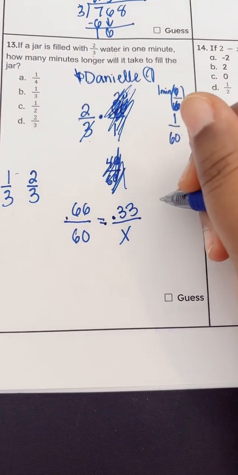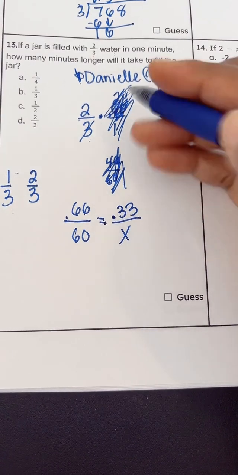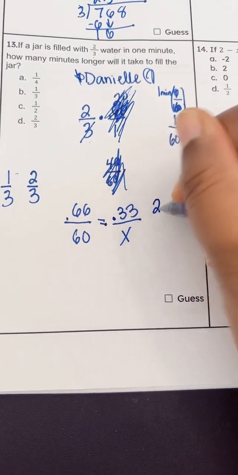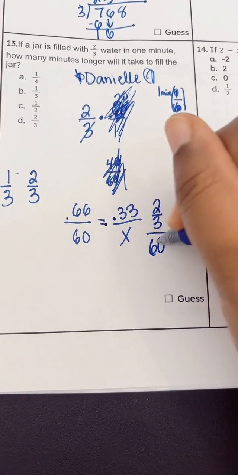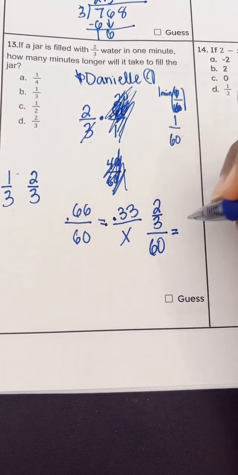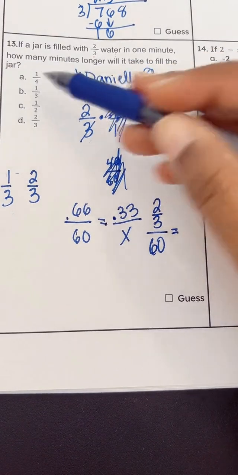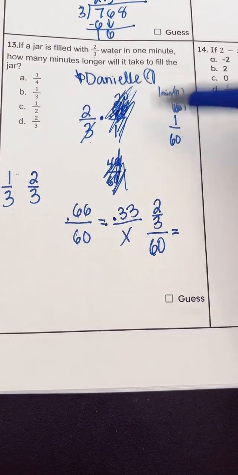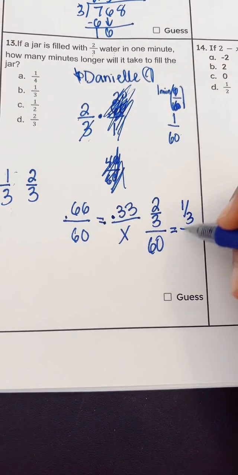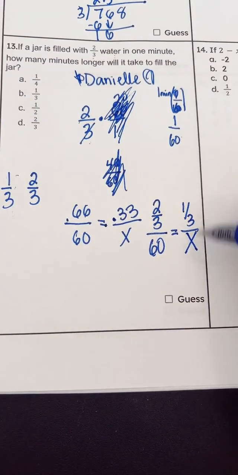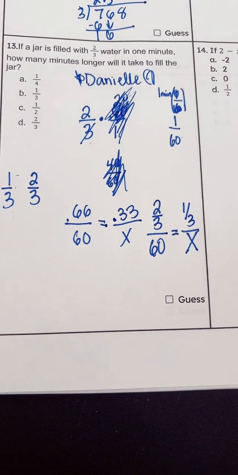Okay, Jen is saying, I'm going to leave it in fractions, you guys. We got 2/3 in 1 minute, so let's put 60 seconds here. In order for the jar to be full, we need another third. We don't know how long this is going to take, so we put an X here.